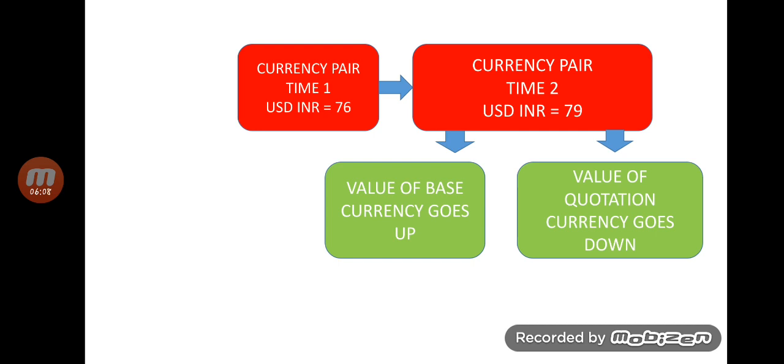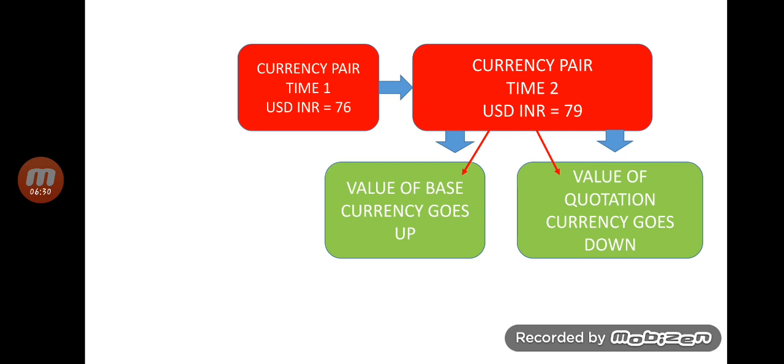So this is how the currency pair moves, but it will be opposite if the USD value decreases and INR value increases. The value of currency pair USD INR will decrease. It will be lesser than 76.